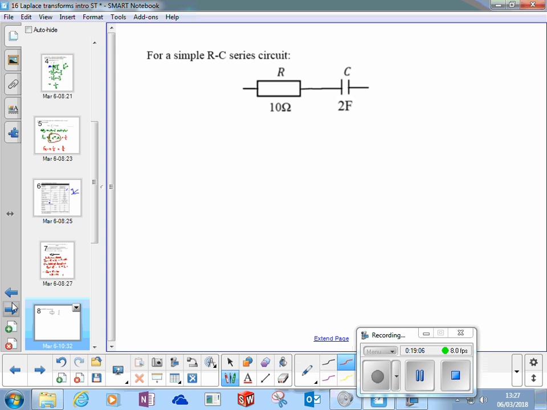So, for a simple RC circuit in time domain, how would that be ZT?